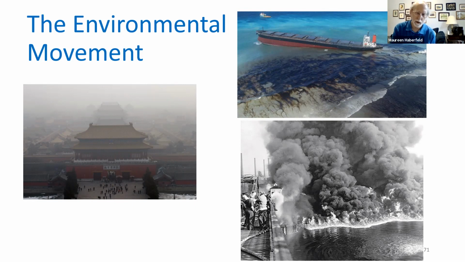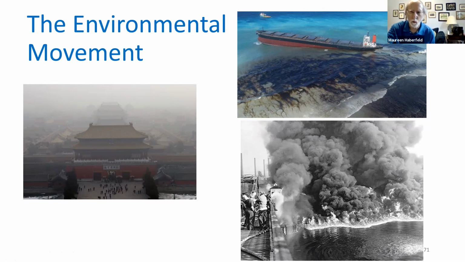Some of these pictures I just grabbed off the internet show, on the left, smog in Beijing, China. In the upper right, an oil spill in an ocean or a bay from a tanker. And on the lower right is the burning of the Cuyahoga River in Cleveland in the late 1960s.